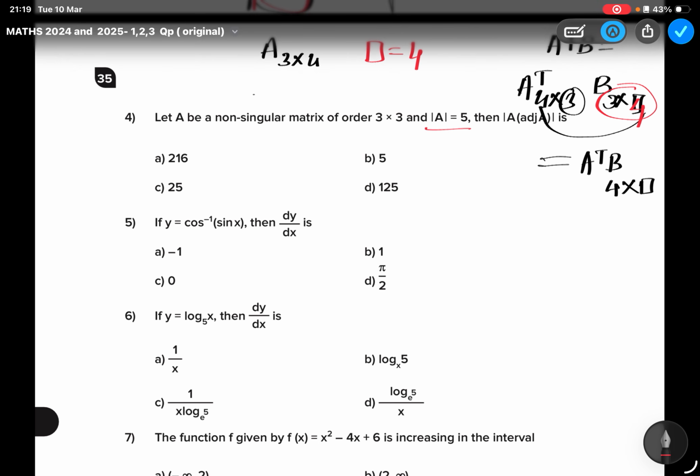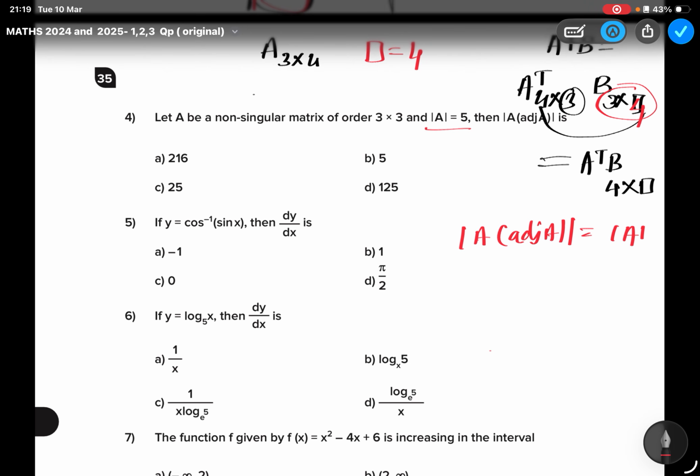Determinant of A is 5. Then A into adjoint of A. Very simple. Determinant of A into adjoint of A is equal to determinant of A only. I hope you know something else.